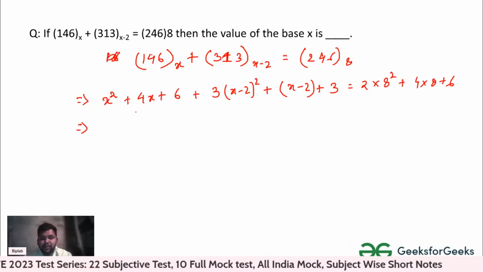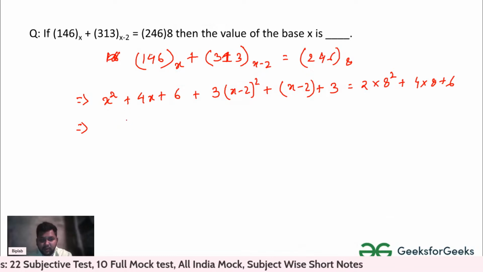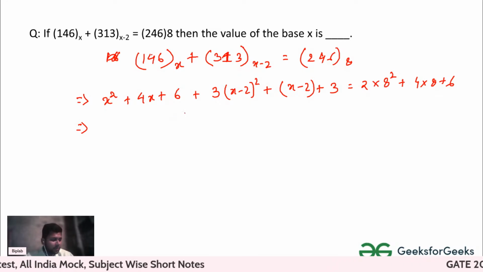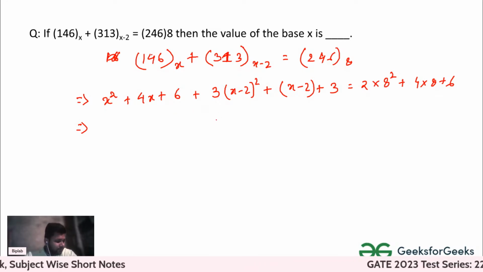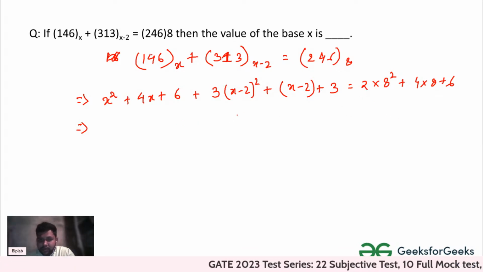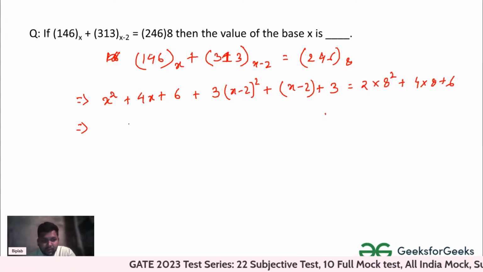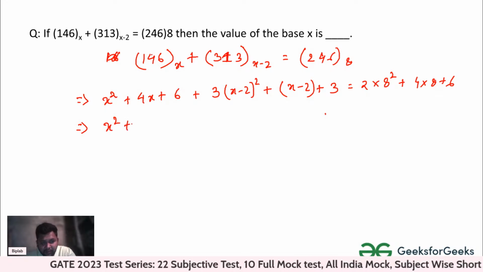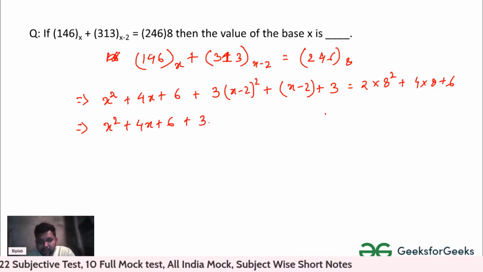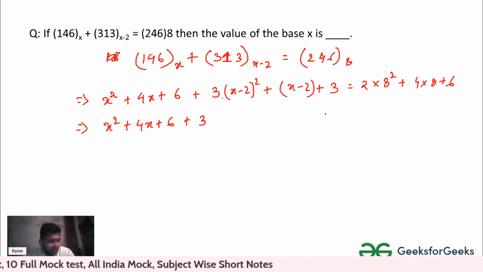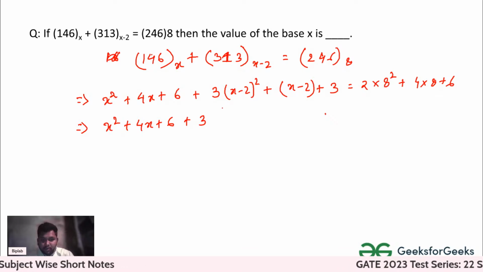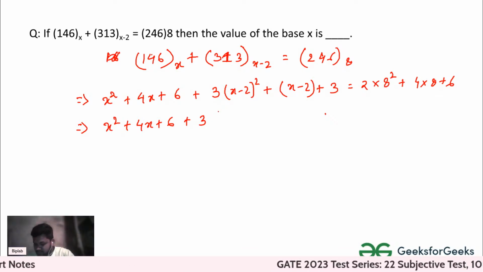Okay, so let's come to this one. It's a simple equation that I think you can solve. I don't have a calculator here. Let me use this. x squared plus 4x plus 6, plus 3 into (x minus 2) whole squared.